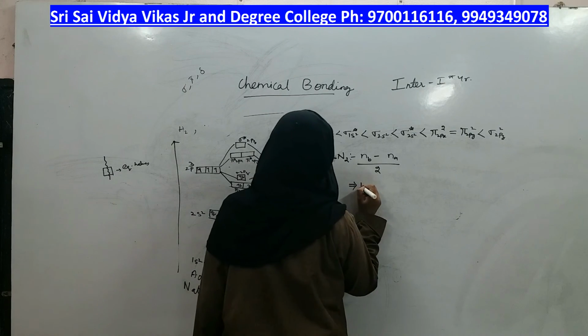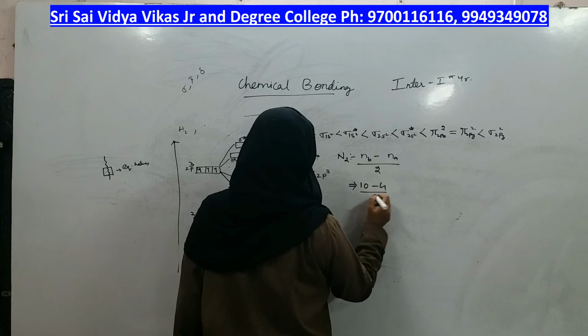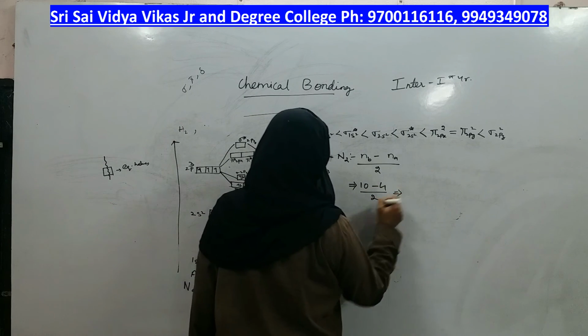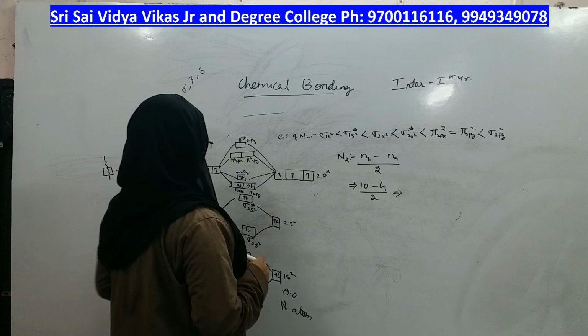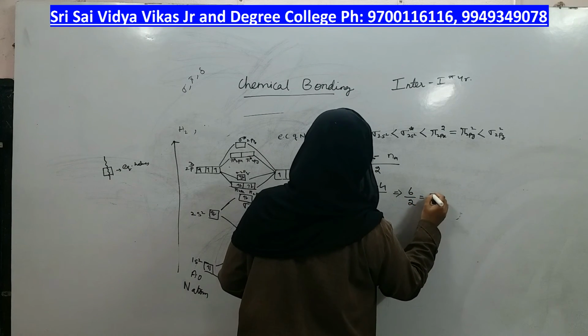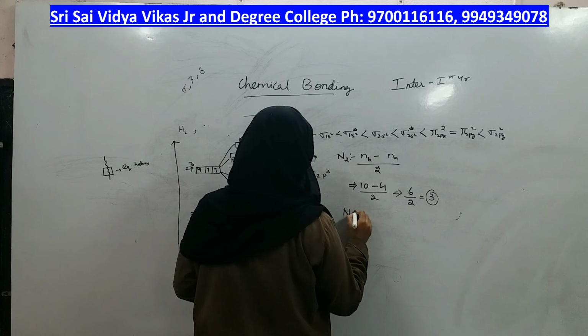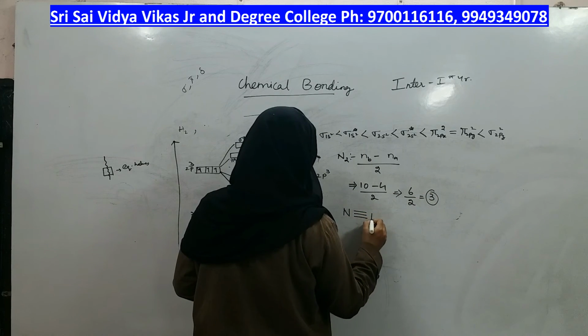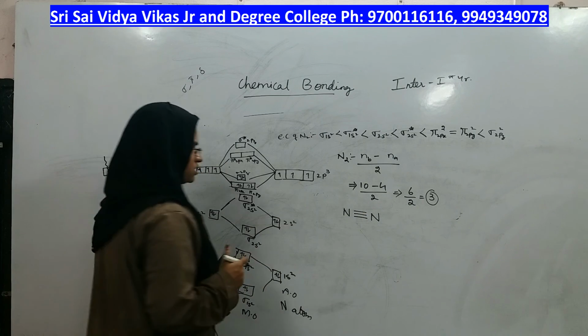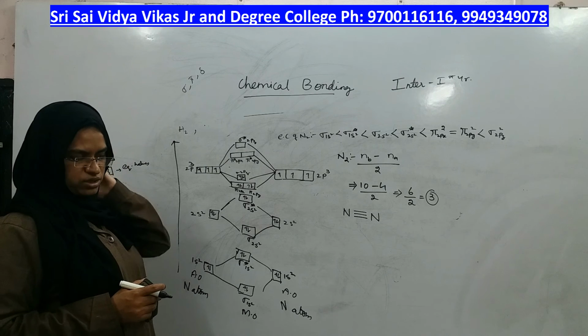Sorry, 10 minus 4. How many you will get? 6 by 2. So the bond order is 3. That means in nitrogen molecule there are how many bonds? 3 bonds. Right? Nitrogen molecule has 3 bonds.